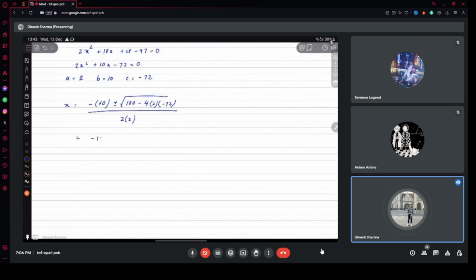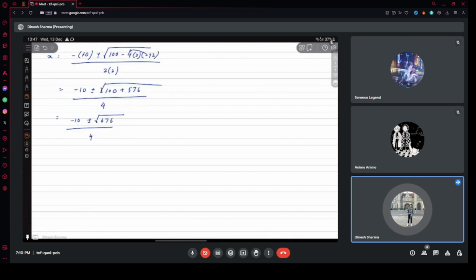This becomes minus 10 plus minus under root 100, minus into minus is plus, 4 times 8, 8 into 72, 8 times 2 is 16, 7 times 8 is 56, 57, 576 divided by 4, minus 10 plus minus under root 676 divided by 4.